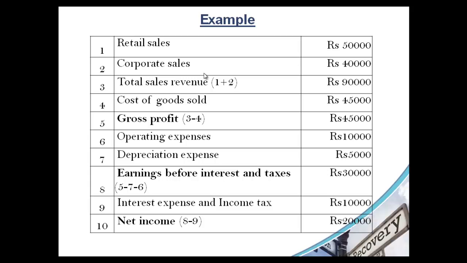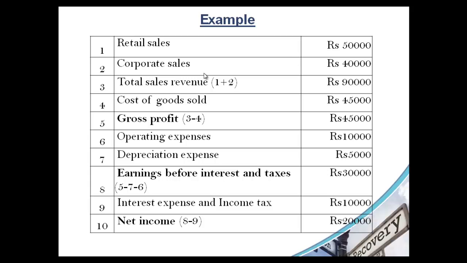A company incurs operating expenses and depreciation expenses. In order to get the earnings before interest and taxes, which is also known as EBIT, we deduct the operating expenses and depreciation expenses from the gross profit.